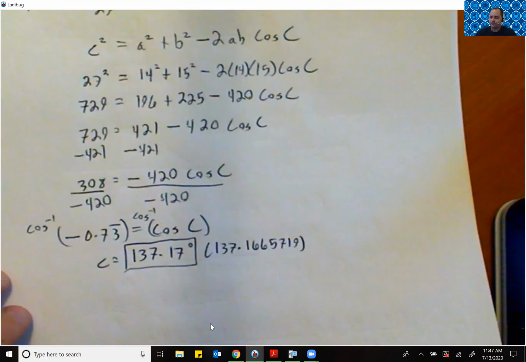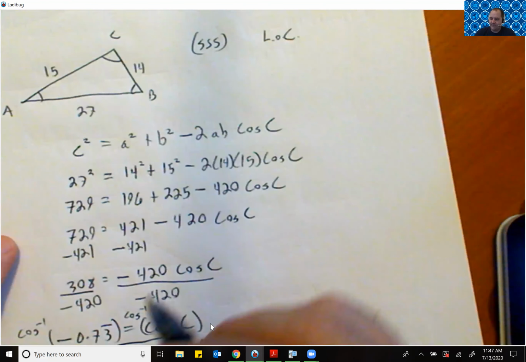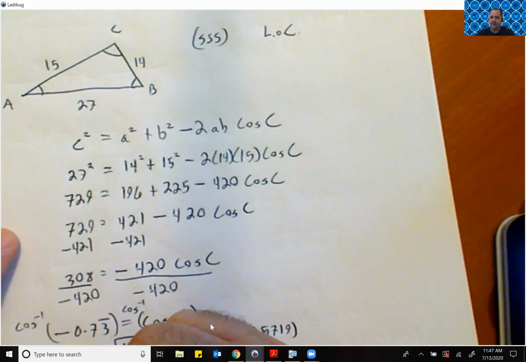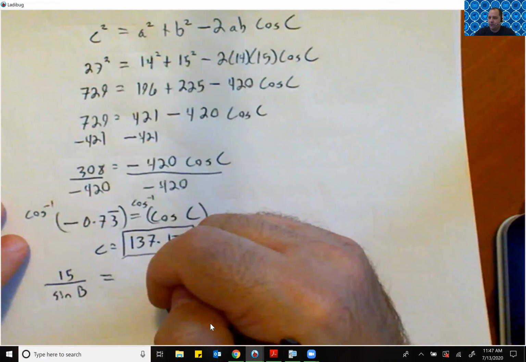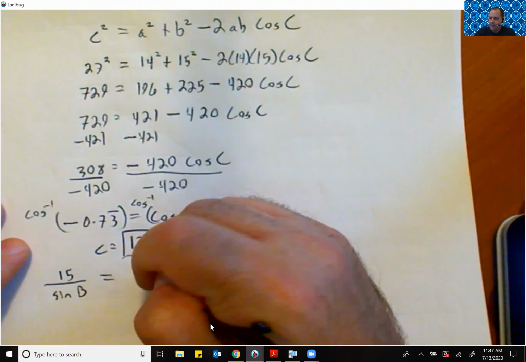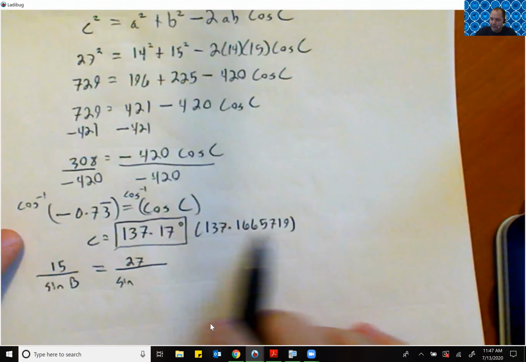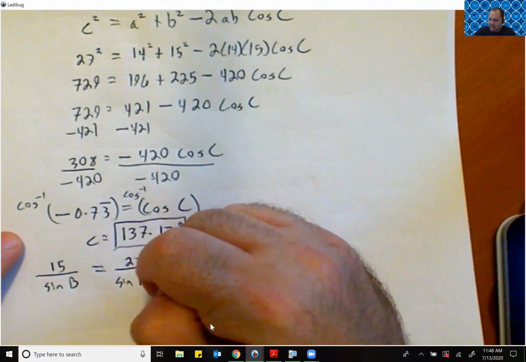So angle B, we're going to have 15 over sine B, because the 15 is across from the B. So 15 over sine B equal to your C length, which is 27, over, and I'm going to put in my big angle right here. I don't want it rounded because I want this answer to come out as exact as possible.